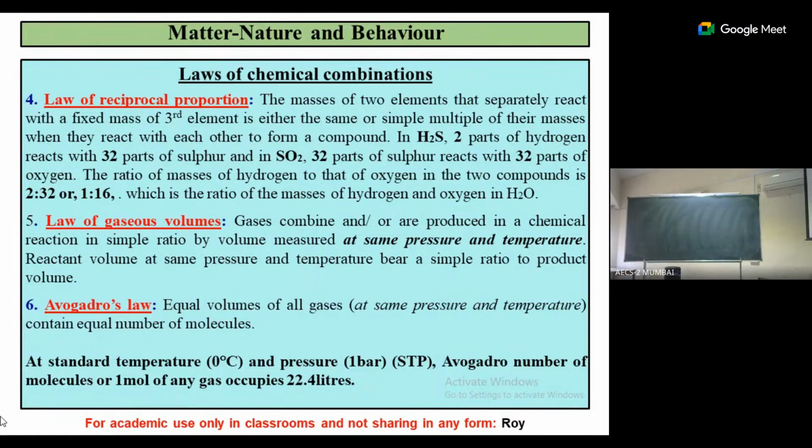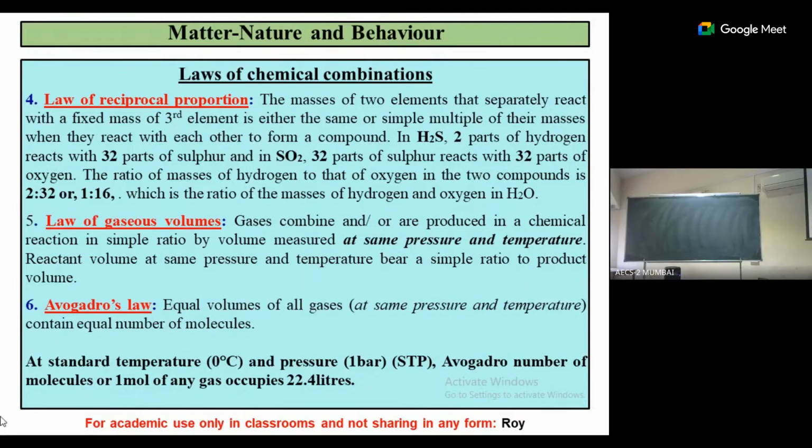Suppose H2S. What elements are in H2S? Hydrogen and sulfur. So 2 parts by weight of hydrogen react with 32 parts by weight of sulfur. In SO2, 32 parts by weight of sulfur react with 32 parts by weight of oxygen. Now when oxygen and hydrogen react together, that ratio of their masses will be either the same or a simple multiple of this.